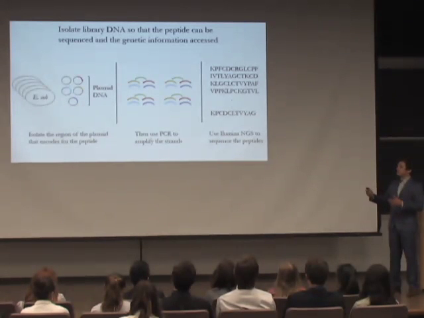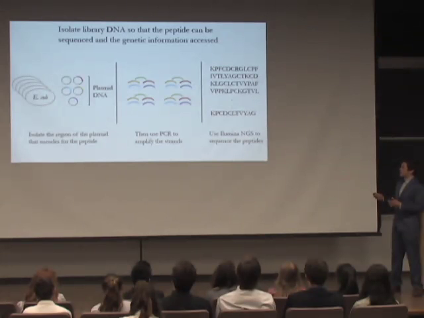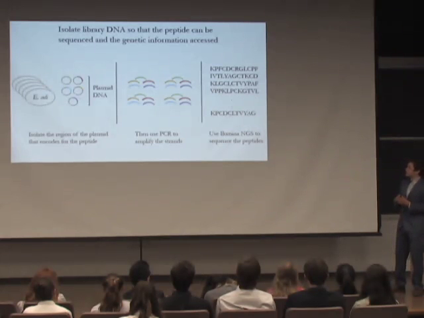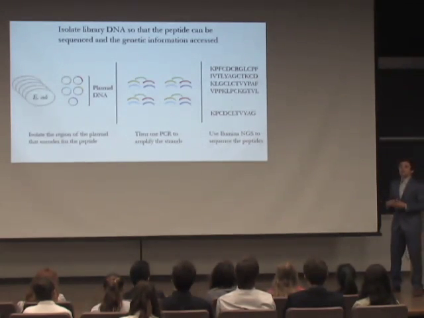So then once we isolate these peptides and these antibodies, we then need to sequence that DNA, because it's the genetic information that we want. So we go through an elution process, we extract the DNA, we isolate the region within the plasmid that we want, because we only need a small portion of the plasmid. So once we've isolated that DNA like this, we then amplify it using PCR.